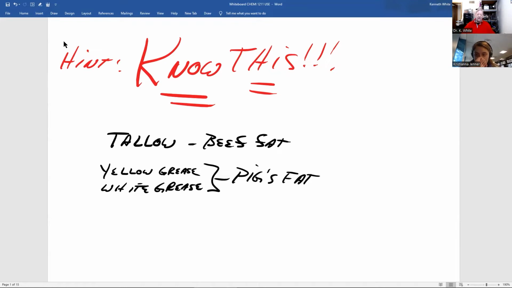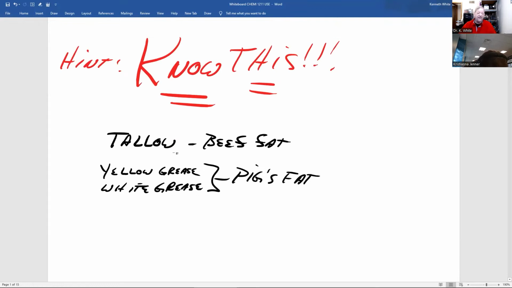What's the price that week of tallow and of yellow grease and white grease? Many of the contracts for companies that buy products made from these chemicals are based on a formula tied to the Wall Street Journal price. But you didn't know that, and that tells you how important this commodity is.